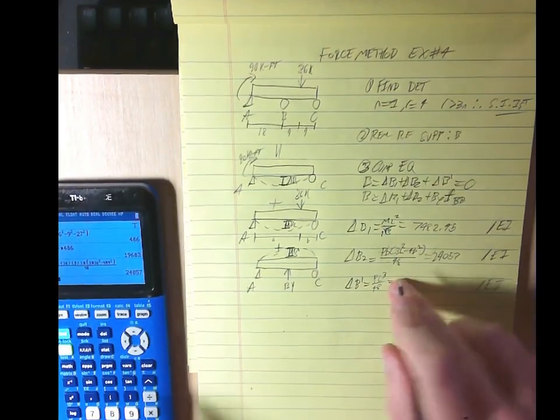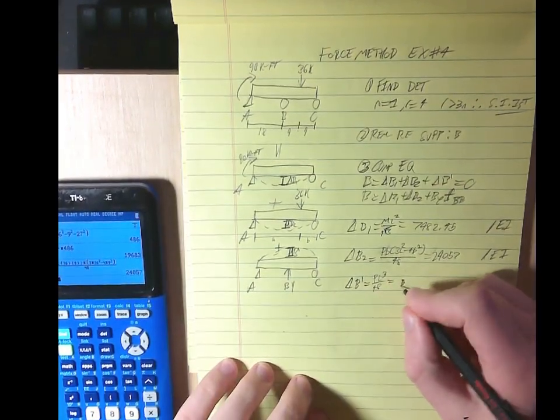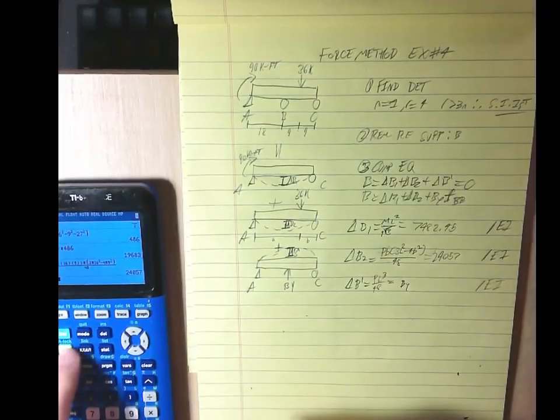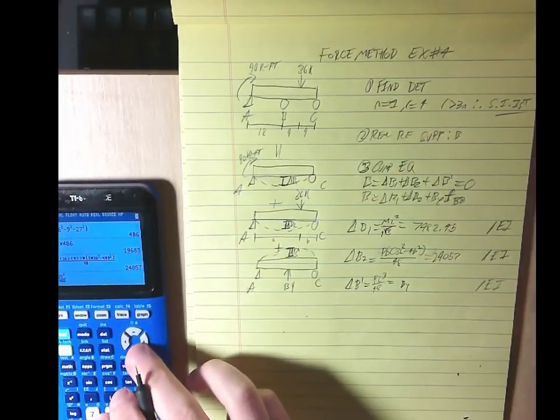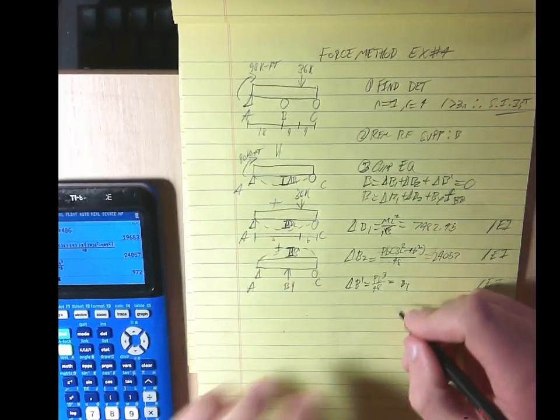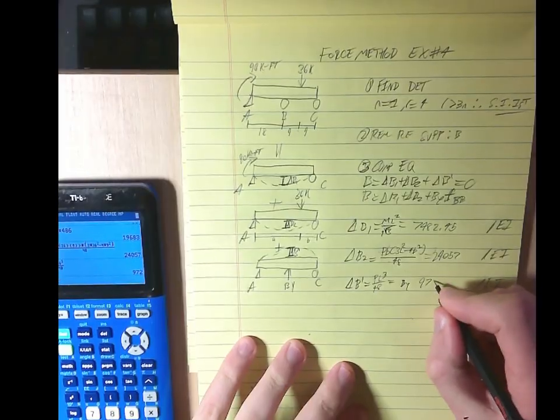And now for this one, put the B_Y on the bottom, it's going to be 36 cubed over 48, which I'm getting to be 972.